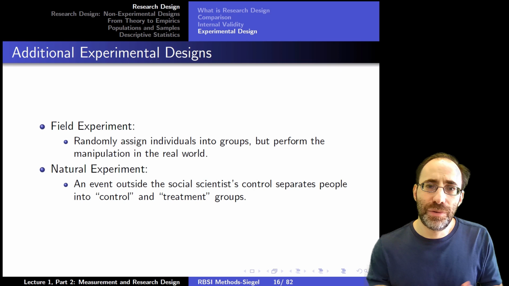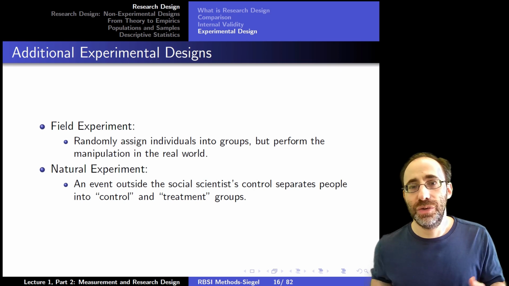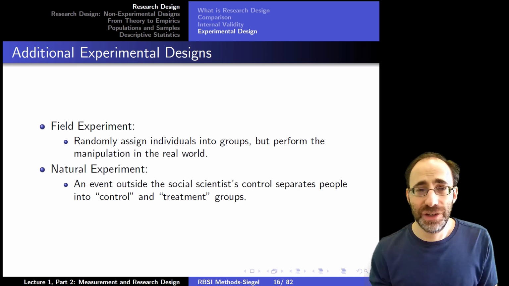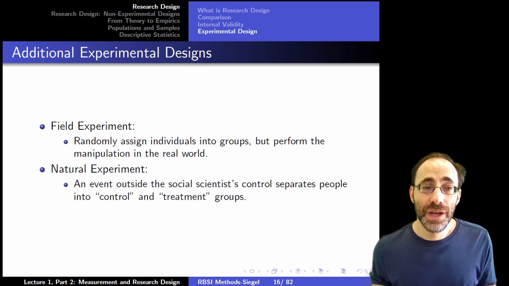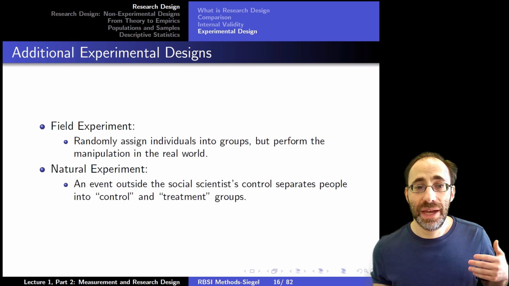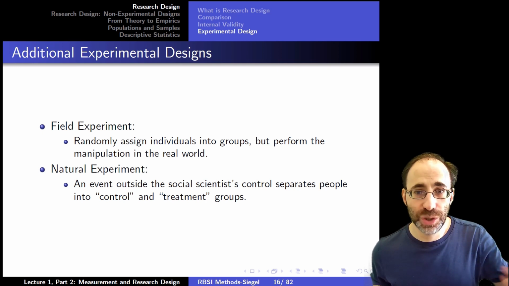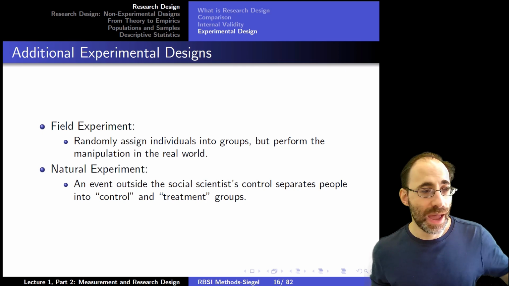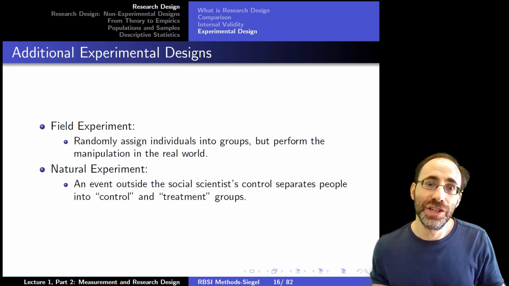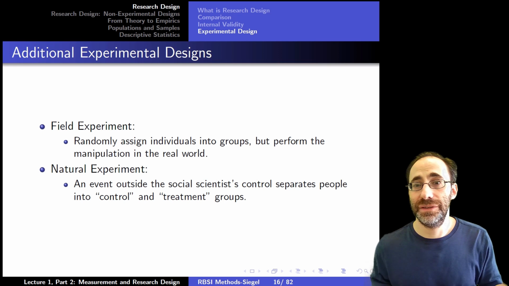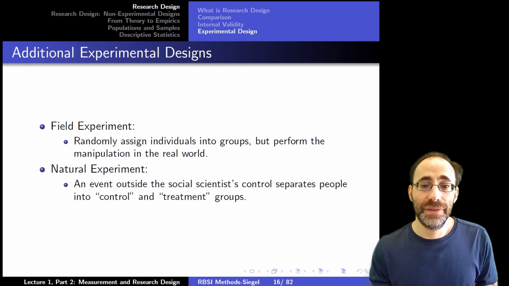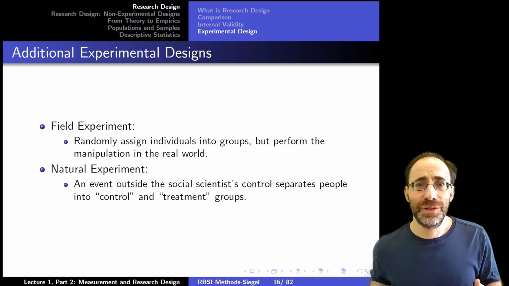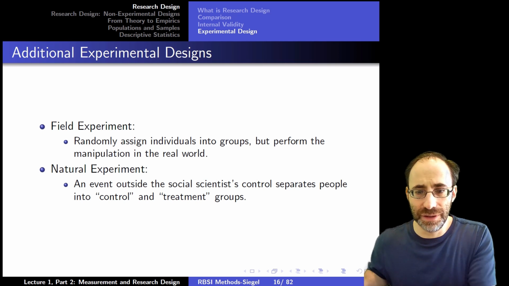A field experiment is a little more broad than that, which is that you can do any kind of treatment there. So for instance, if you want to test out a policy, you can choose two different regions that you think are very similar and apply the policy to one region, not the other one, and assess how the regions differ after the policy is enacted. That's a field experiment. A lab in the field is more you just do the lab experiment in the field.